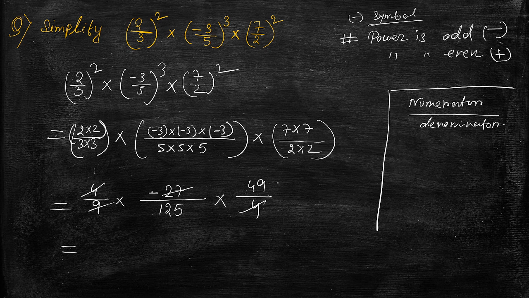So 9 and 27, this is minus 3. Don't forget the sign. Anything else? No. So what is left? Minus 3 multiplied by 49 and 125.